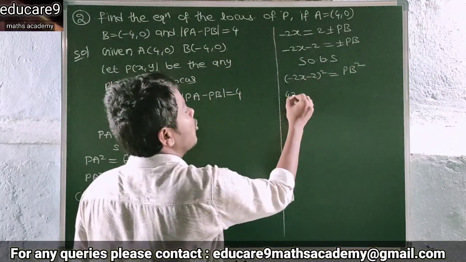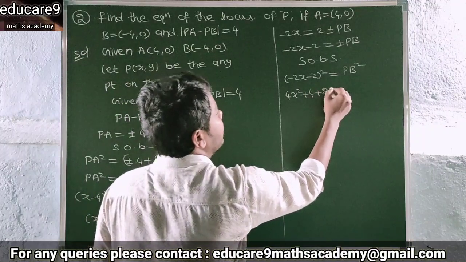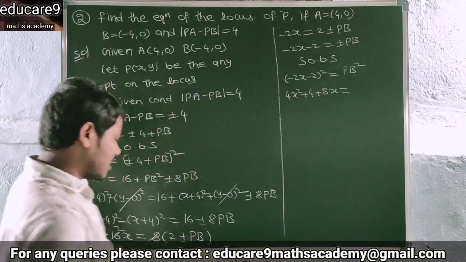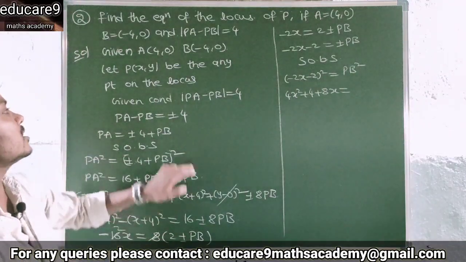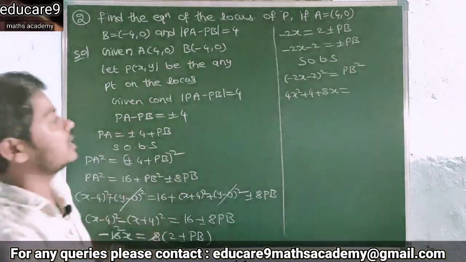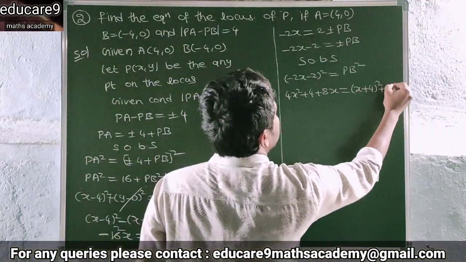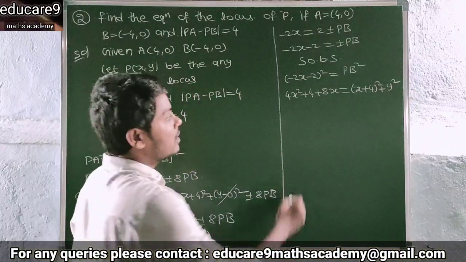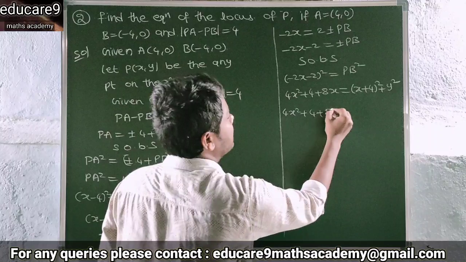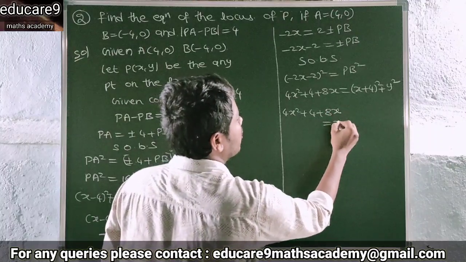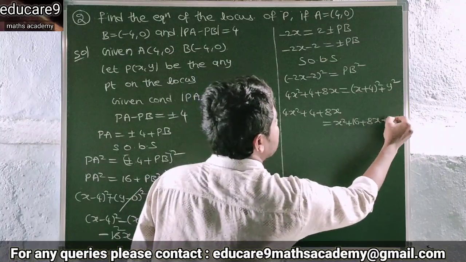This is 4x² + 4 + 8x. What is PB²? PB denotes the distance between P and B, that is (x + 4)² + (y - 0)², that is y². Now clearly 4x² + 4 + 8x = x² + 16 + 8x + y².